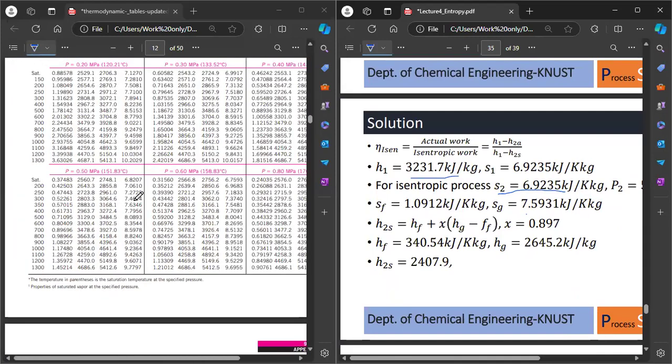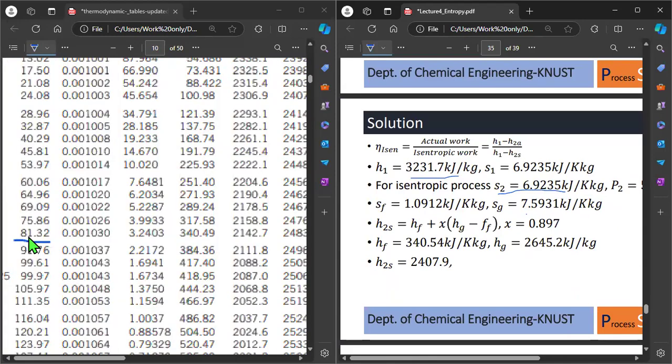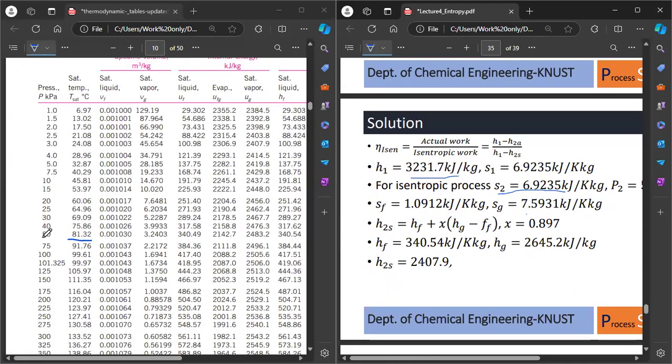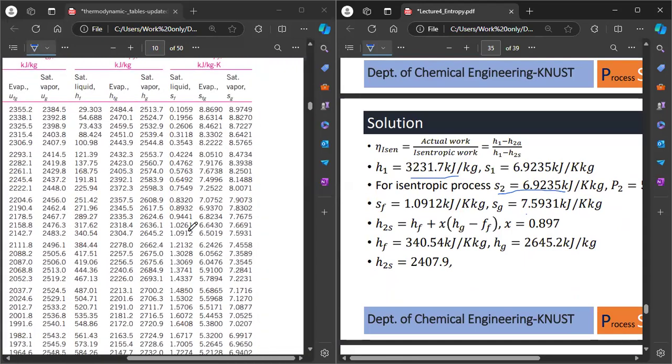So let's go back to the part where we had 50 kilopascal. If I come to the 50 kilopascal point, realize that the entropy there, so that's here, these values here. If I should check, the 6.9235 is in between the entropy of the saturated liquid and the entropy of the saturated vapor. That means it's a liquid vapor mixture.